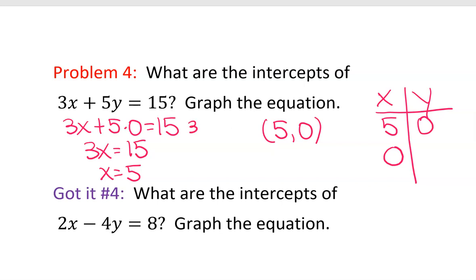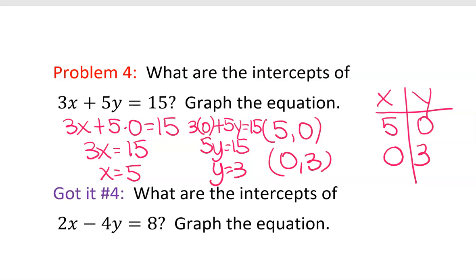So 3 times 0 plus 5y equals 15. 5y equals 15. Y equals 3. So my other ordered pair would be 0, 3. Make sure that instead of just circling your table, you do put them in ordered pair form, and it says graph the equation.